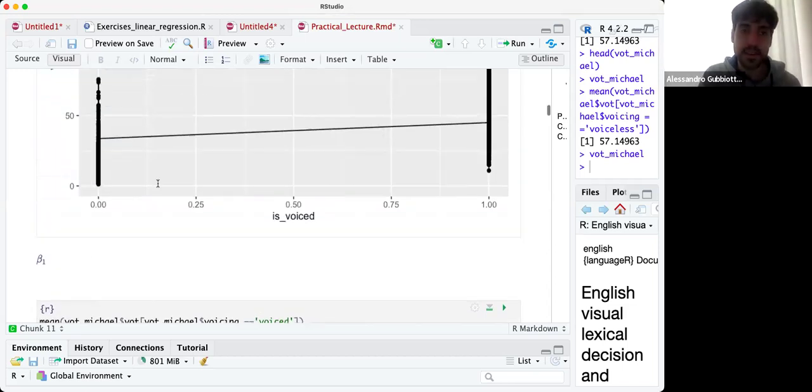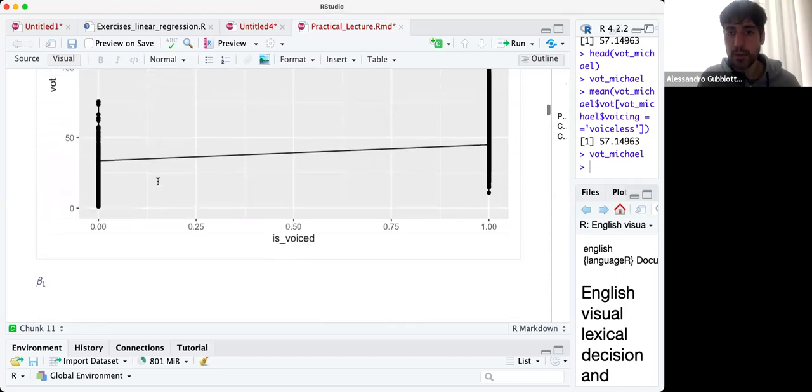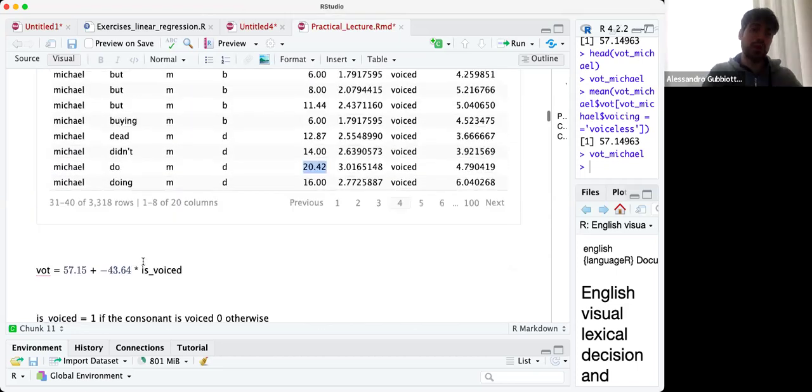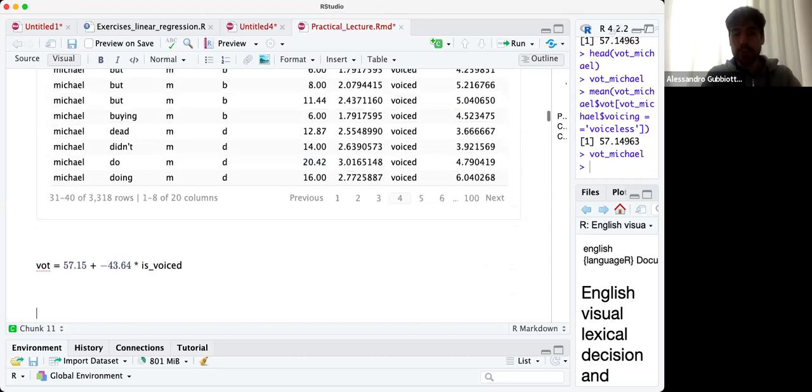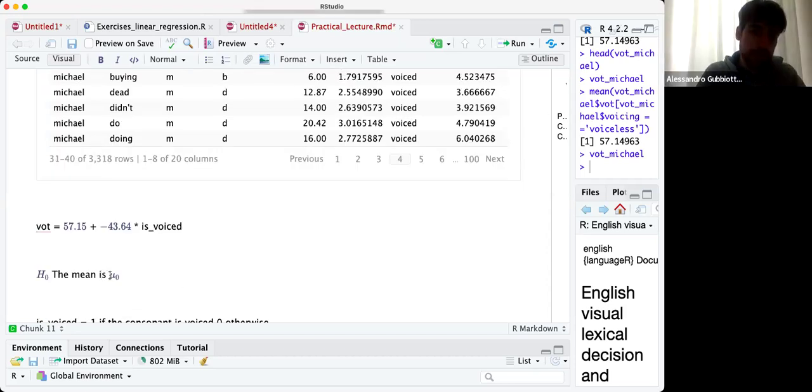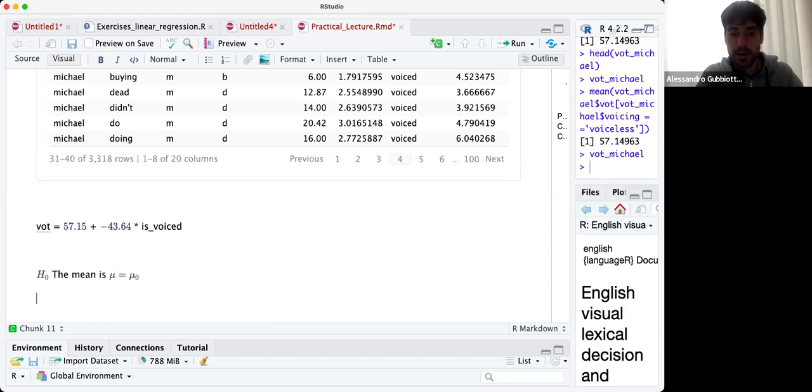This is exaggerated, doing a linear regression for this, but it's actually the same. If you remember, we had done this test which compares the mean of a sample. You had a hypothesis zero, that the mean mu is mu zero. You have a guess for the mean, mu zero, and a sample taken from a distribution, and hypothesis zero is that the mean is the guess.